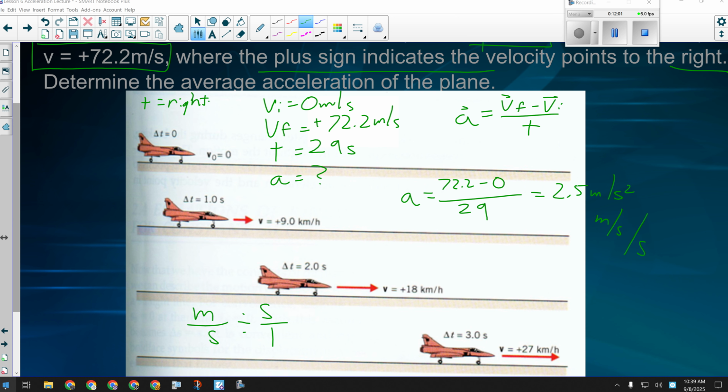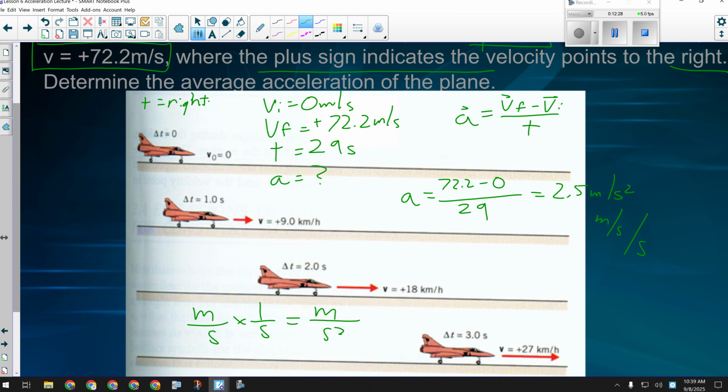I reciprocate and then multiply. So instead of dividing by seconds over 1, I'm actually multiplying by 1 over seconds. Well, m times 1 is meters. What's seconds times seconds? Seconds squared. Either way is correct. We just generally say meters per second squared. Write it that way.